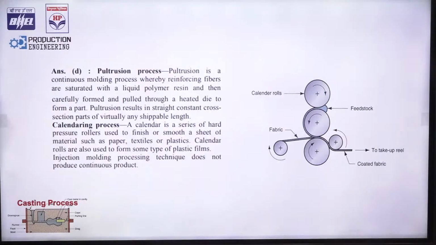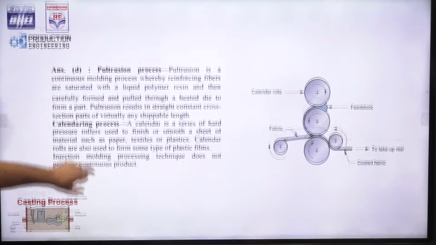In the calendaring process, a series of pressure rollers is used to finish or smooth a sheet of material like plastic or paper. Pultrusion and calendaring are continuous processes. Injection molding is not a continuous process, as you are aware.